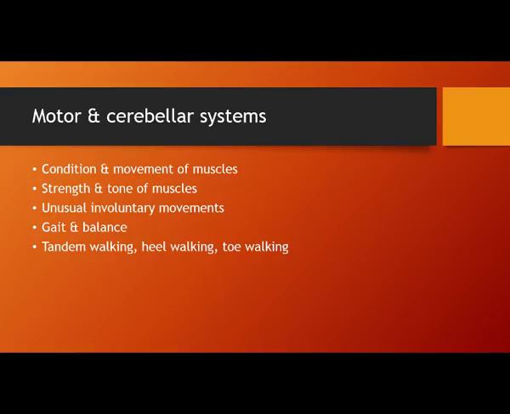Then assess gait and balance, and there are various ways we do that. We just have them walk and watch their walking. Then we ask them to do tandem walking, where they do heel to toe, heel to toe. Then walking just on the heels, walking just on the toes.